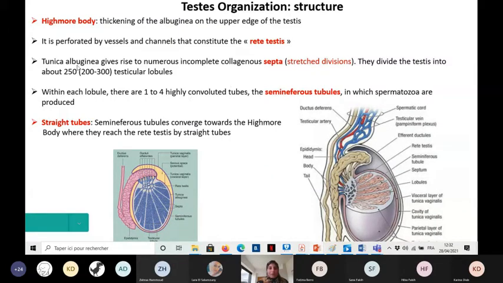And then we said we have the tunica albuginea forming a thickening on this upper posterior side, and this tunica albuginea will also extend to the inside of the testicle between the seminiferous tubules.